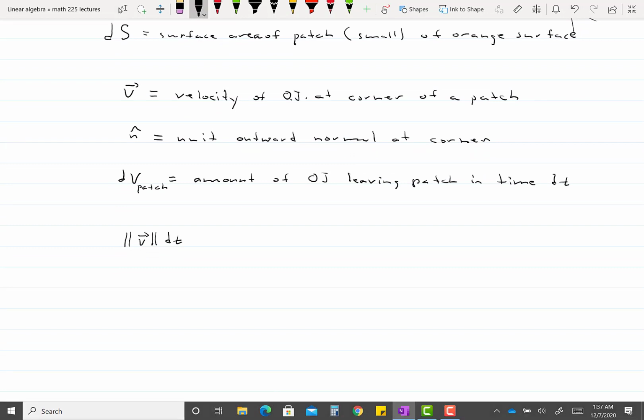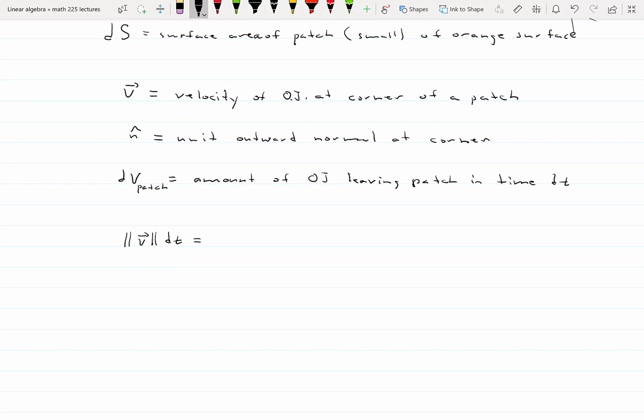I could bring the dt inside. So the length of v dt is the distance that the orange juice travels through that patch in time dt.